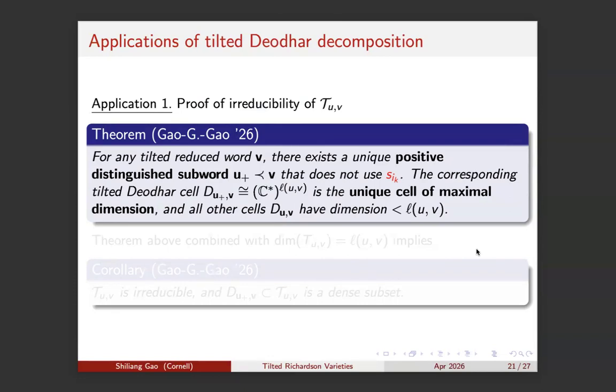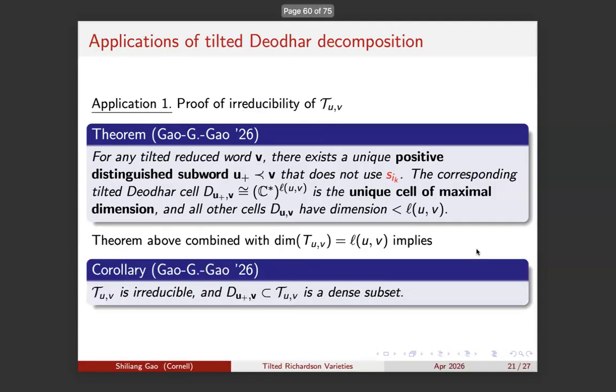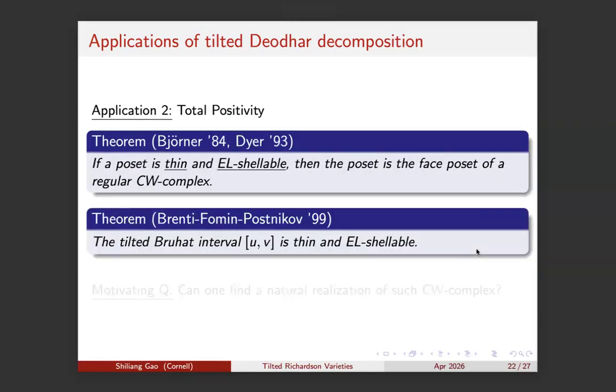And all the other cells will have dimension at least one less. So from there we know that the tilted Richardson variety is irreducible, and this specific tilted Deodhar cell will be dense inside the tilted Richardson variety. Okay, so that's application one.